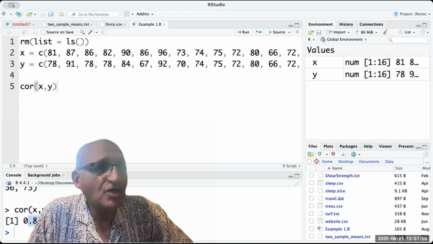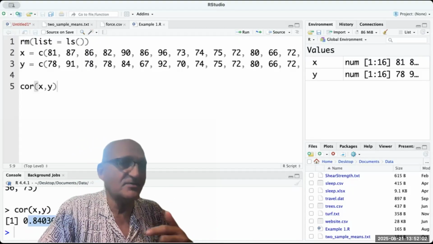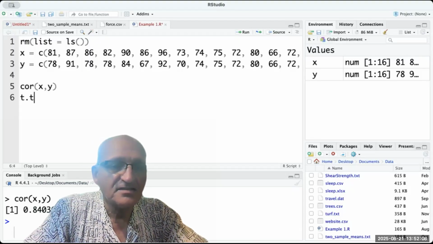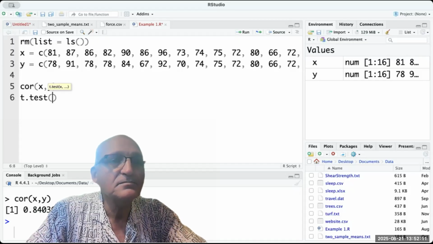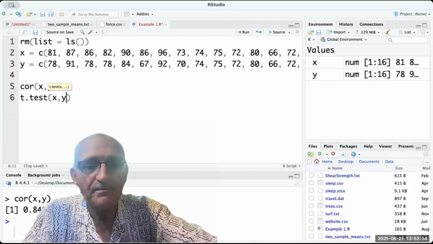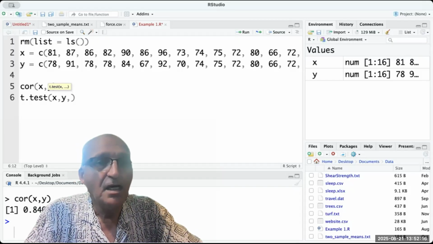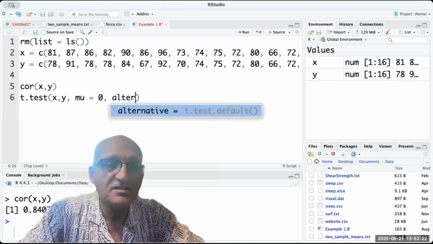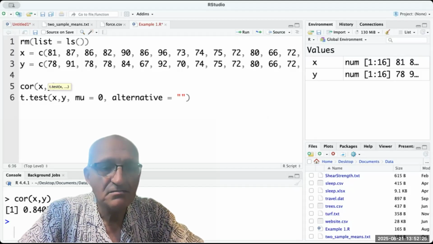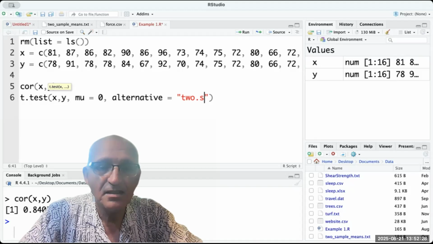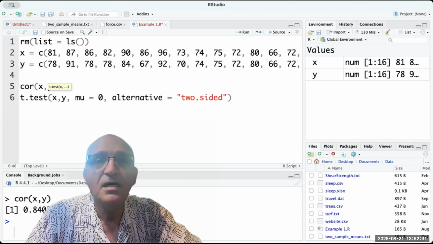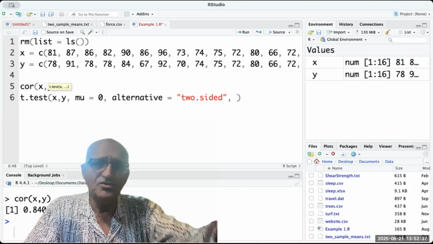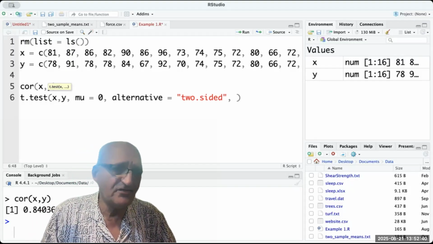So I probably should run this. Let me run it two times, okay? We are going to say t.test x and y, let's say mu equals 0, alternative equals two.sided, and notice that we are always going to assume that the variances are not equal.